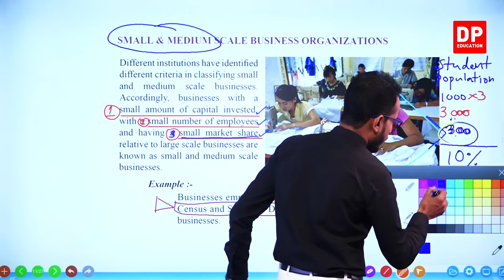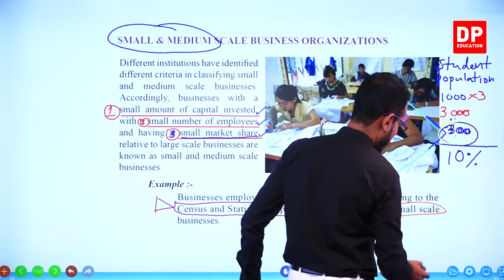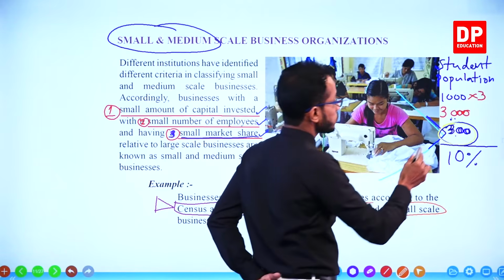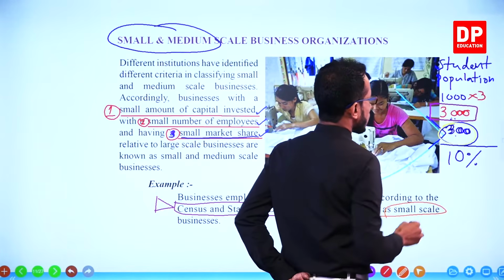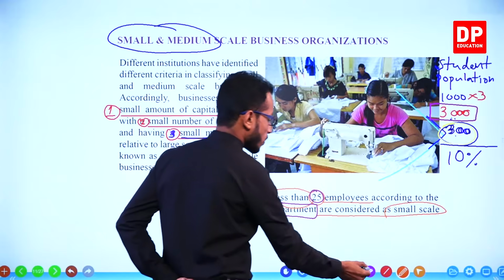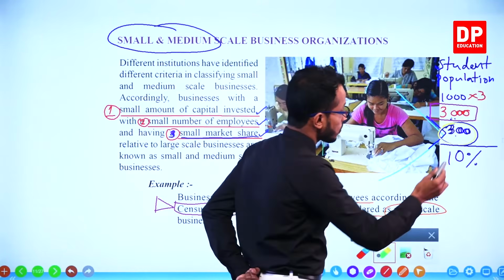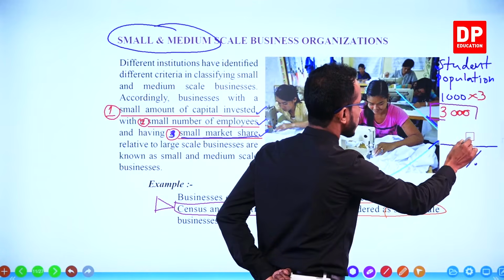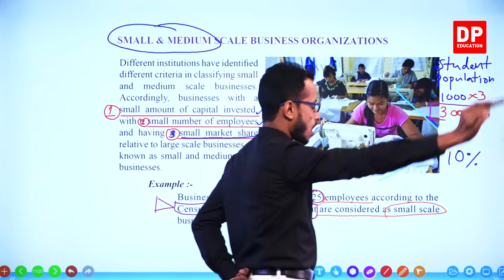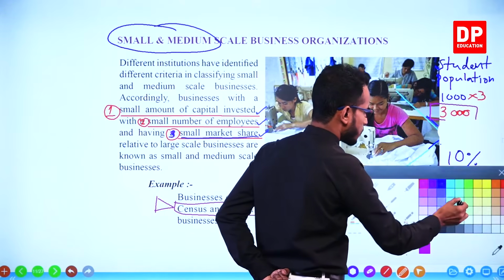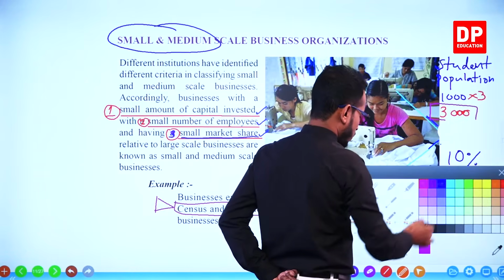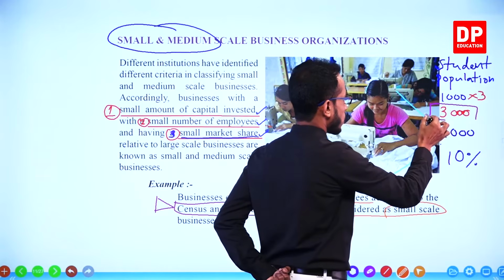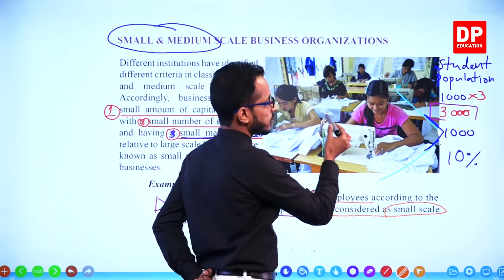But let's say out of this 3,000, you provide not 300, you provide 1,000 from your garment factory.